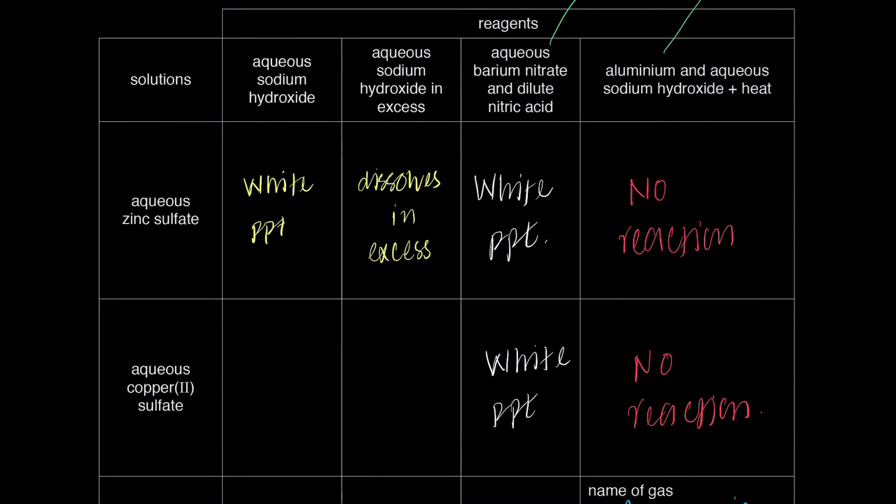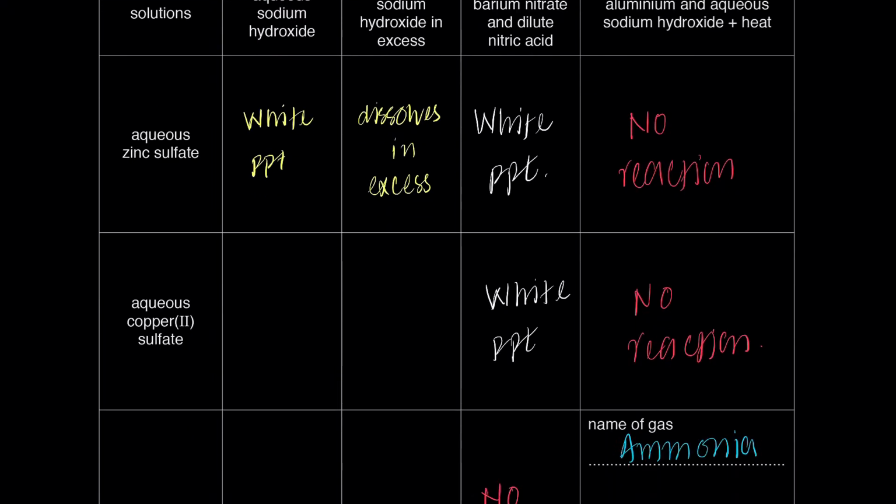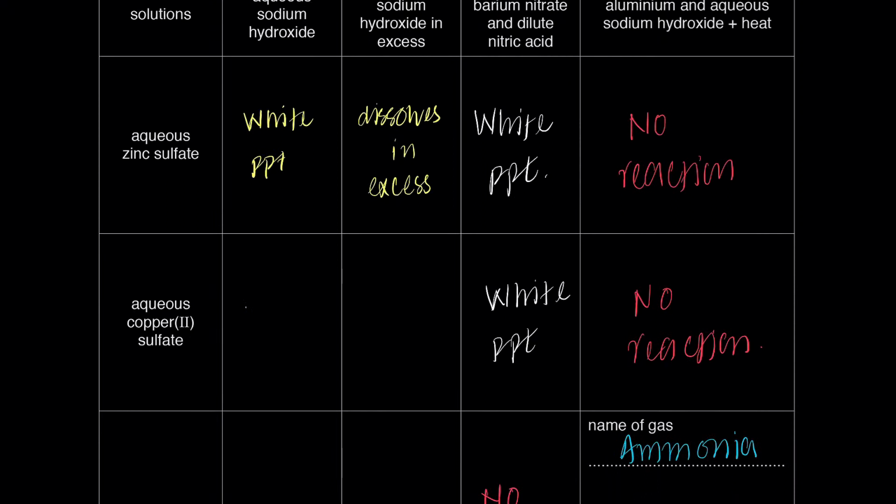Copper, the first time I heard it, you just never forget it, right? And copper, is it insoluble in excess? Copper sulfate, it'll make copper hydroxide. I think it's insoluble. Insoluble in excess. Why am I doubting myself?